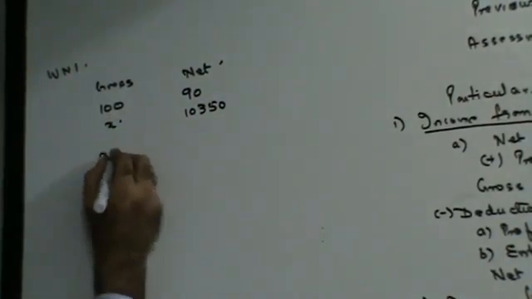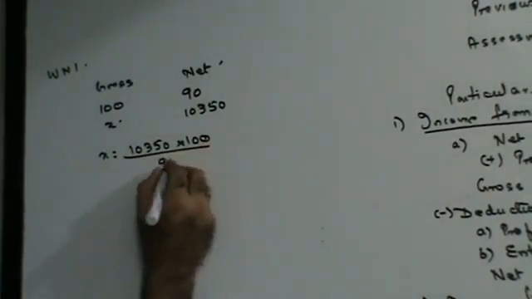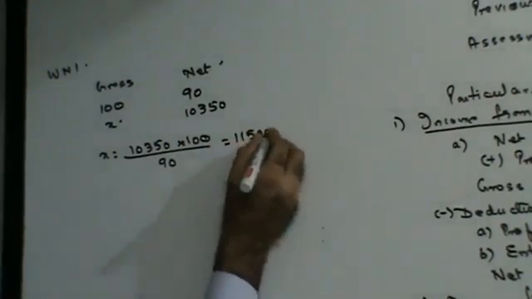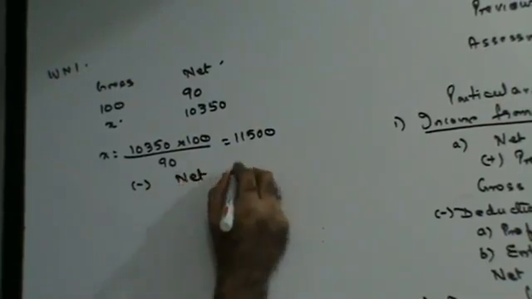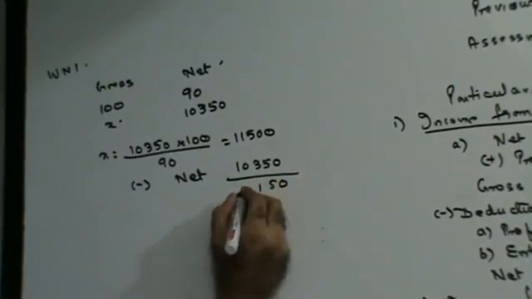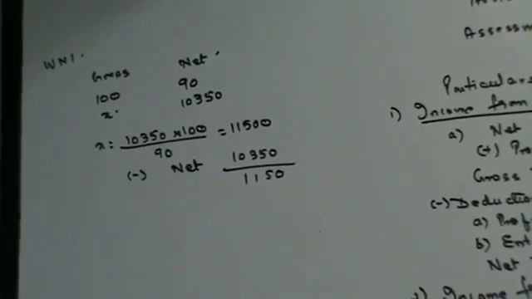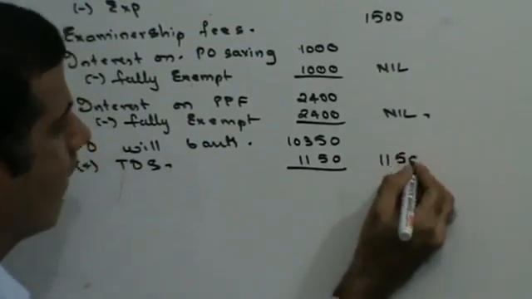Gross income will be 10,350 into 100 divided by 90. That is 11,500. Less the net income will give you how much tax was deducted: 1150. So add TDS 1150, which gives you 11,500.